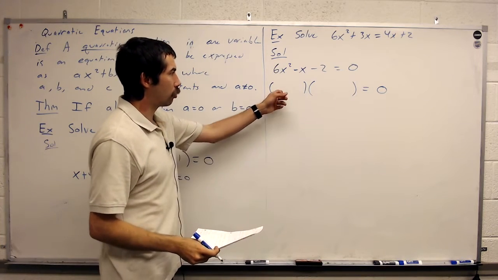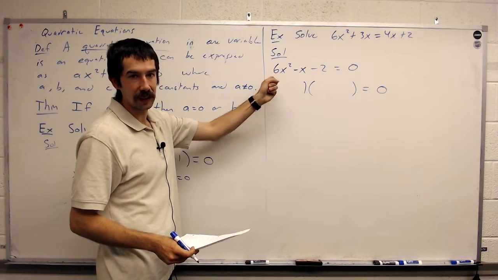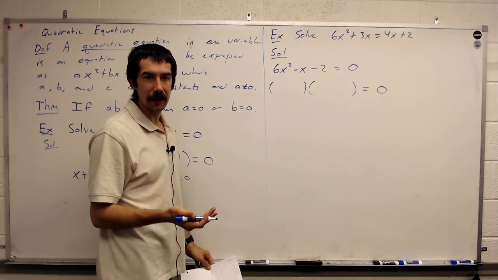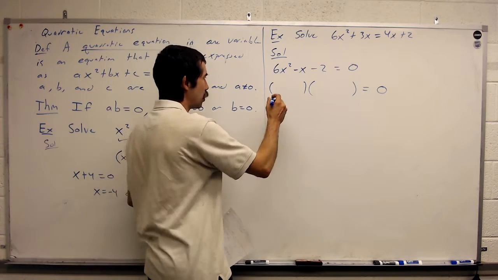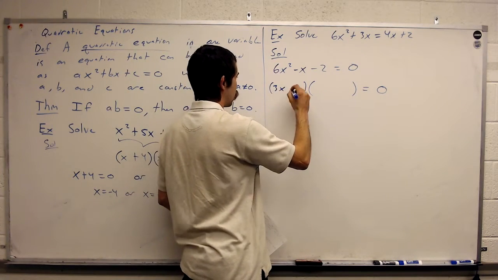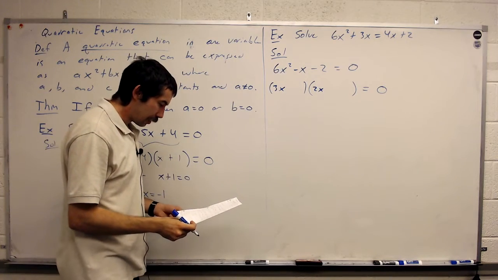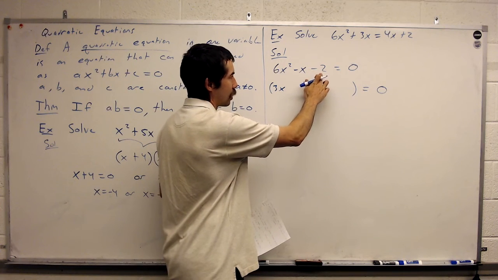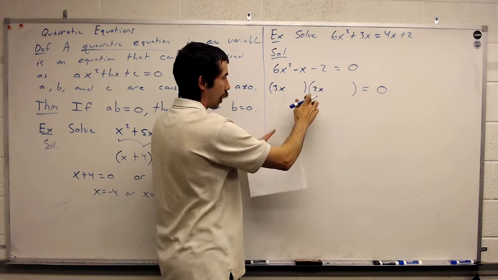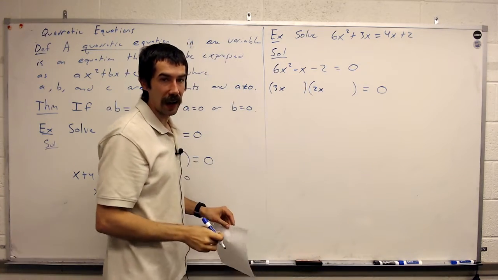We need two numbers to multiply together to give us 6. So we could do 6 and 1 or 3 and 2. So I'm going to try 3 and 2. And then we need two numbers that multiply together to give us -2. And then when we do our FOIL, it would work out to give us -x.